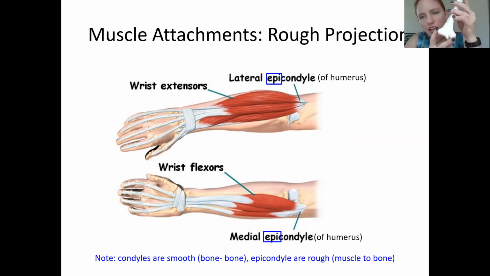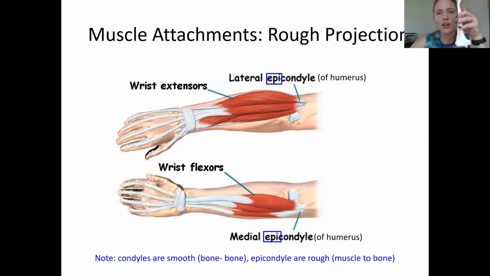But on the outside of the humerus, on the medial and the lateral side, we have epicondyles. Epicondyles are different from condyles because they're going to be rough, because they're for muscle attachments, not for articulations, not bone-to-bone contact. So they're going to have different textures.